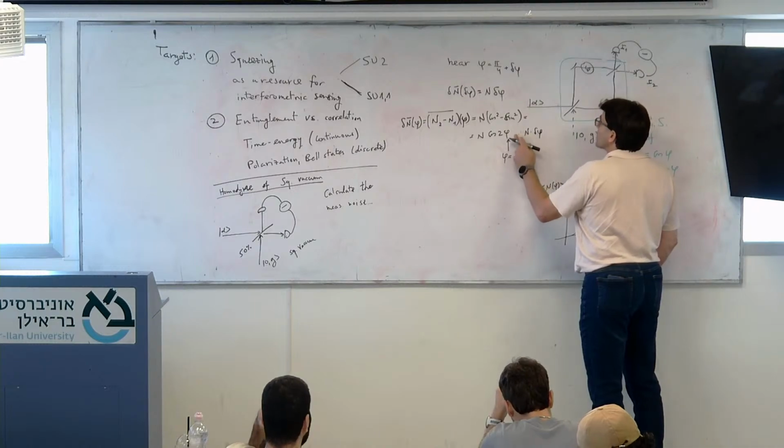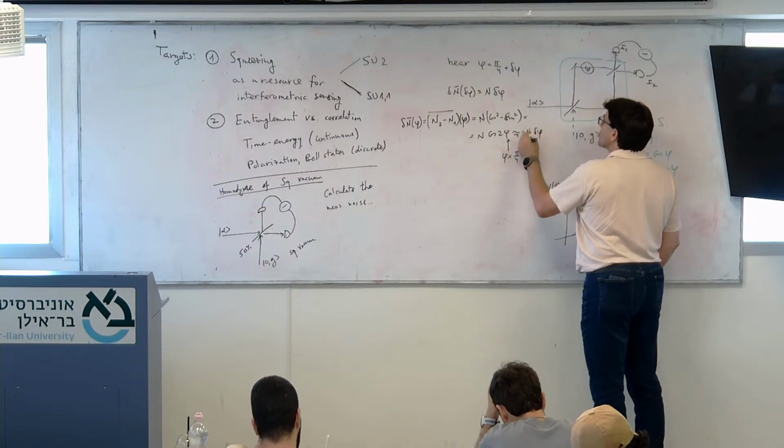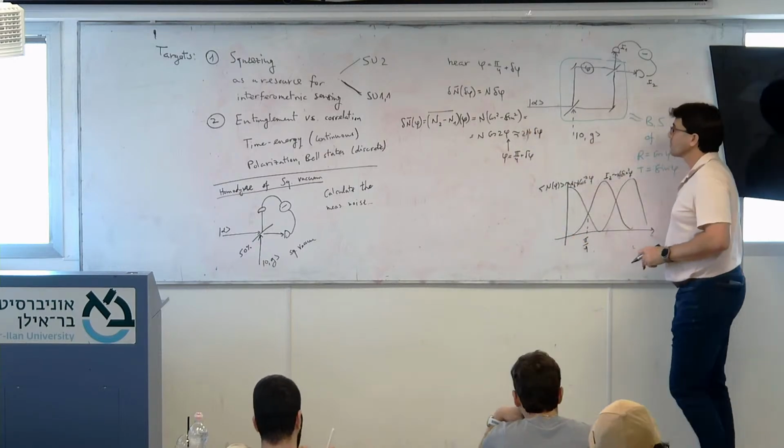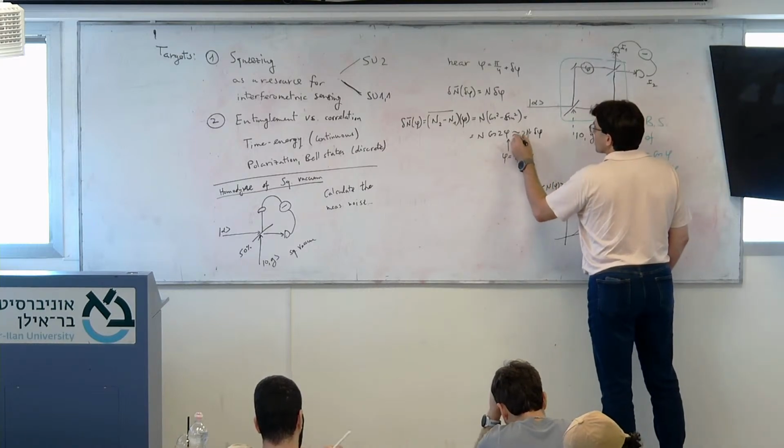Okay, let's keep it as it is. So 2n, twice n times delta phi, because of the cosine twice.